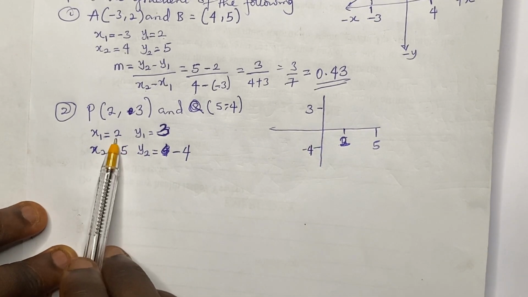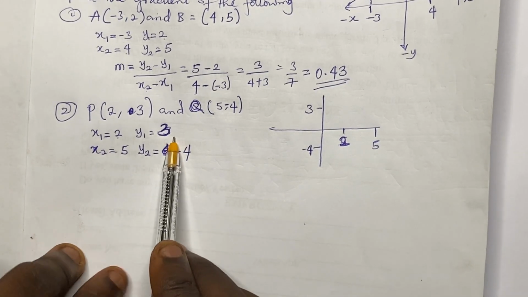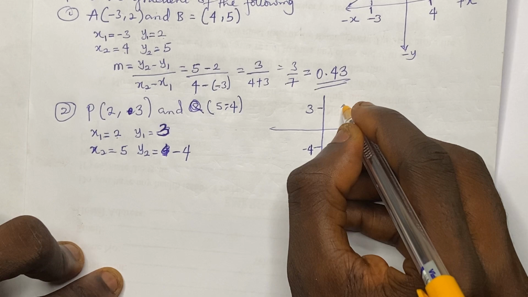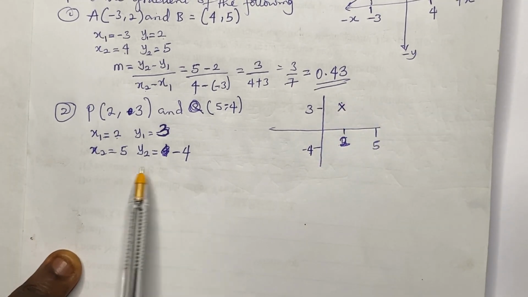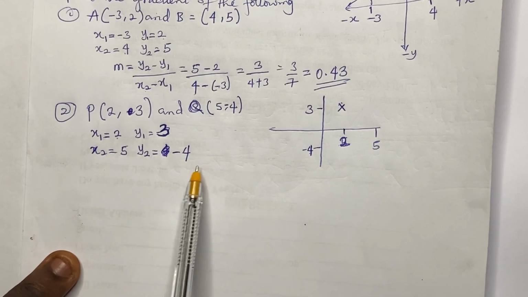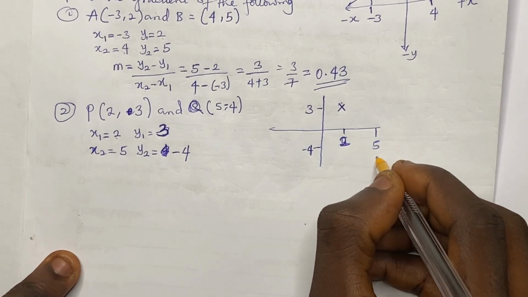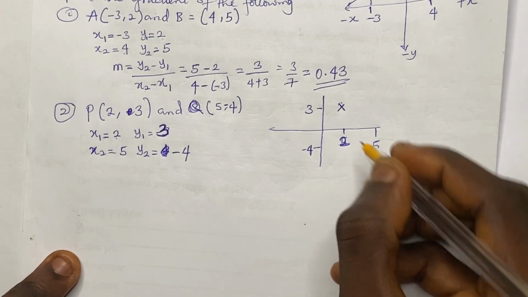So when x is 2, our y is what? 3. So 2 on 3 here. Then when our x is 5, our y is what? Minus 4. So this is 5 on minus 4 here.